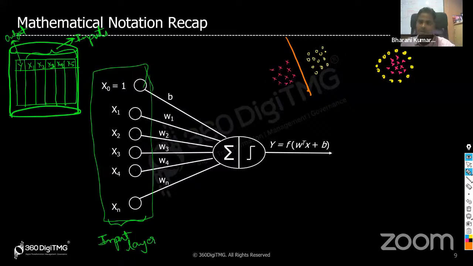Then to segregate the pink crosses from yellow circles, you can have multiple straight lines. You cannot have a single straight line, but multiple straight lines can be used. And then anything which falls in between belongs to the pink class. Anything which falls outside, you can say that they belong to the yellow class. Right? So these are all straight lines.